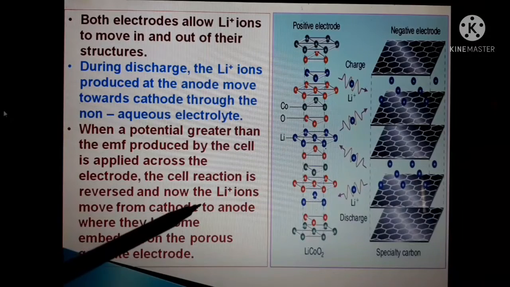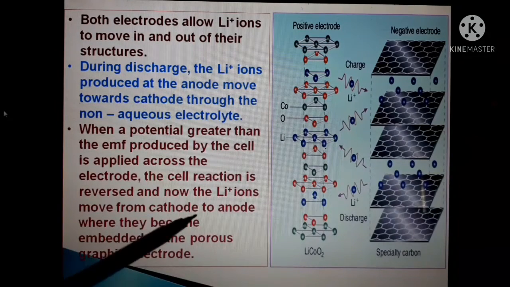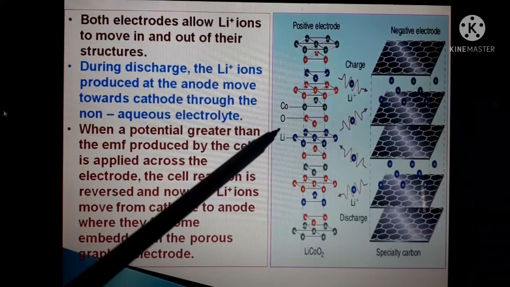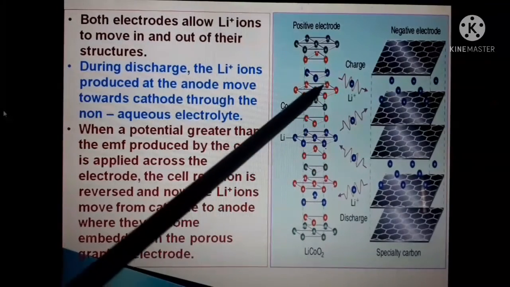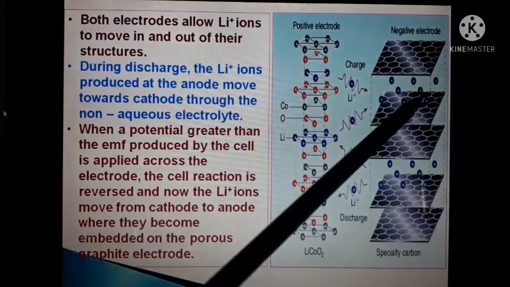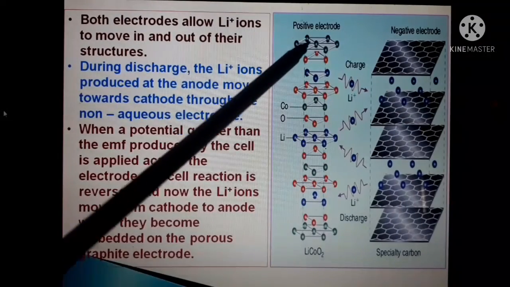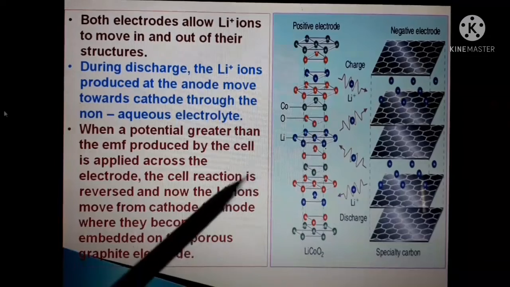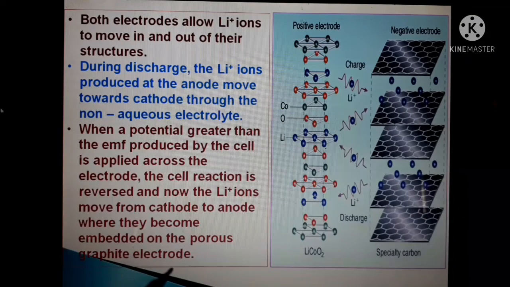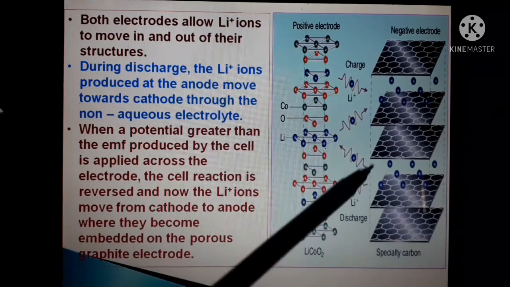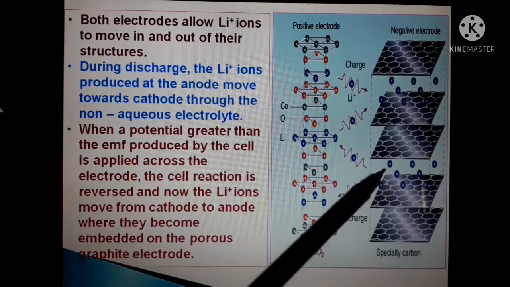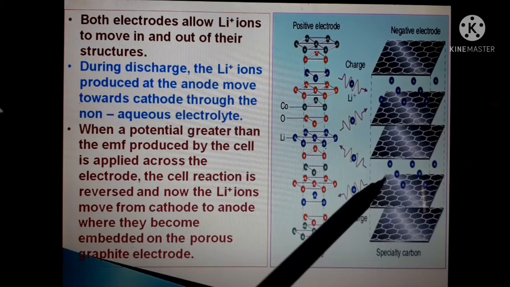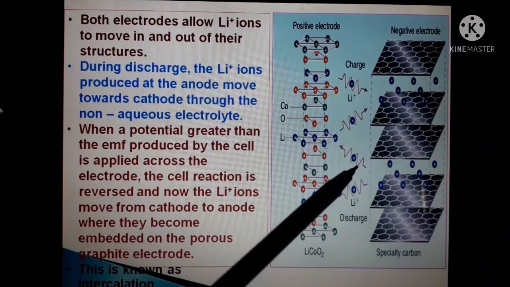Lithium ions move from cathode to anode, as the arrow mark shows, from positive to negative. Positive is the cathode and negative is the anode. They are embedded in the porous graphite electrode. I already told you they are placed in between the layers of the graphite. This is the principle.